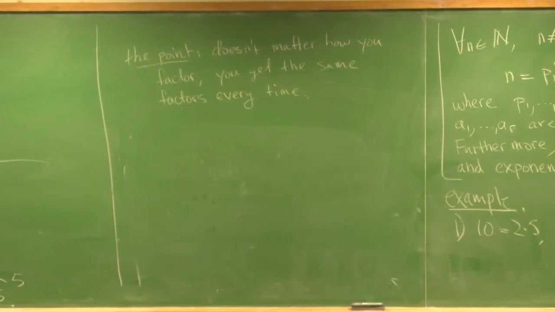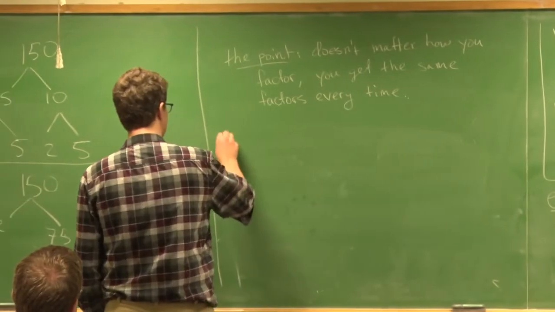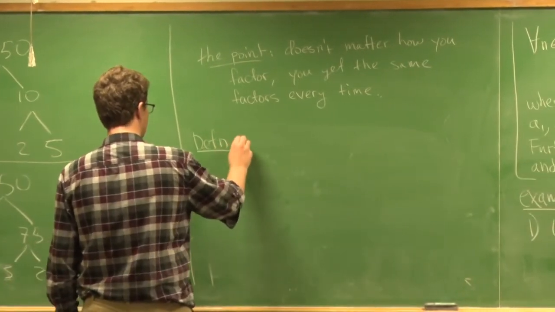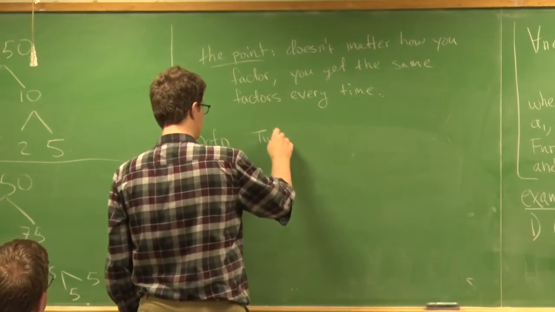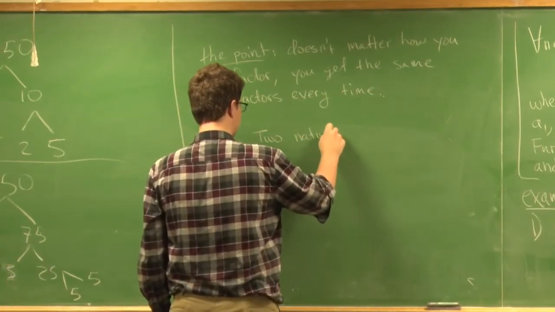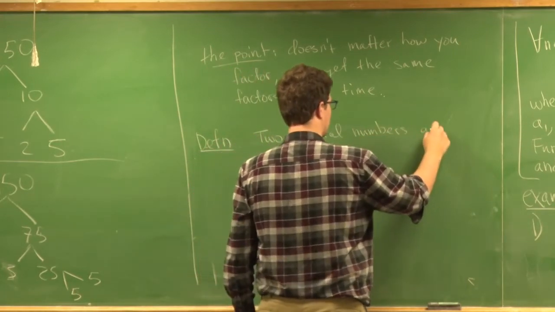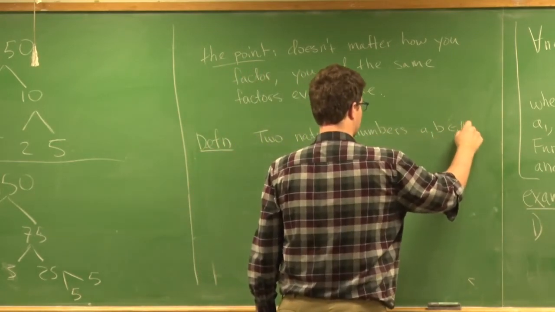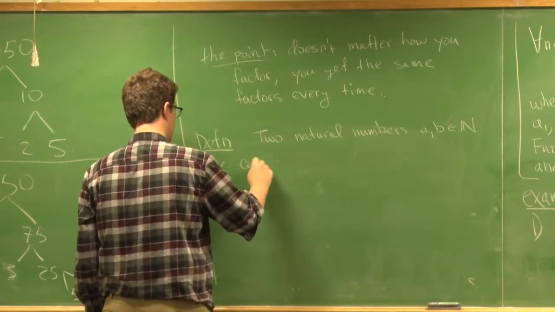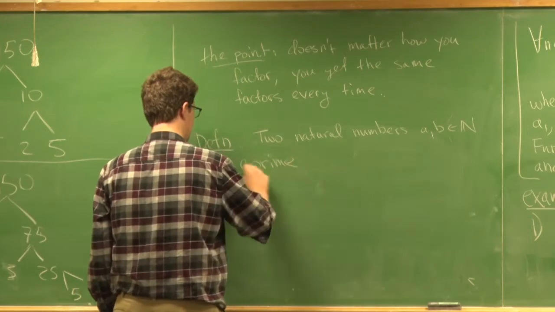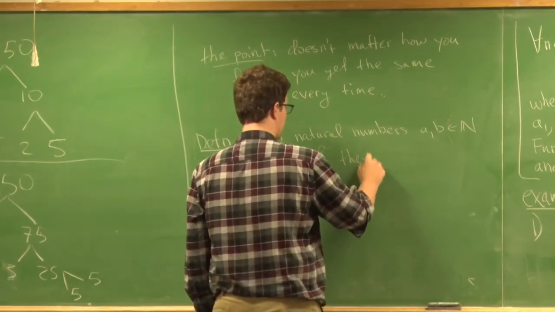Okay, so let me give you another definition. Two natural numbers, A and B, are coprime if and only if they have no common factors.